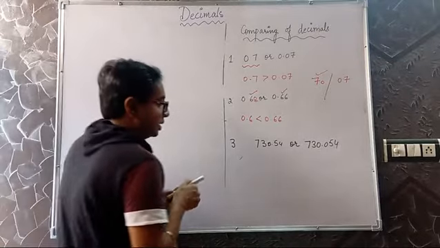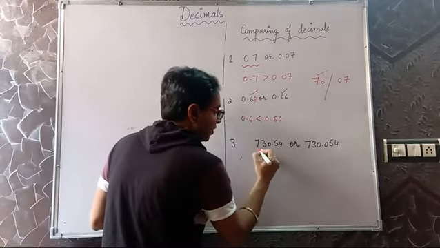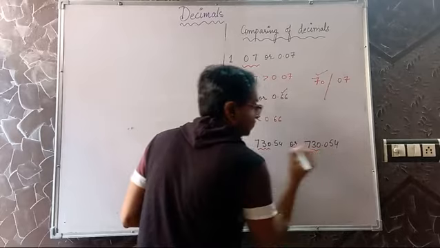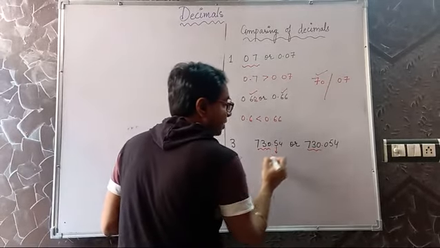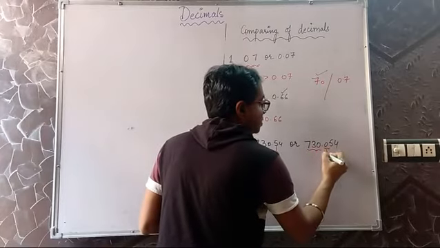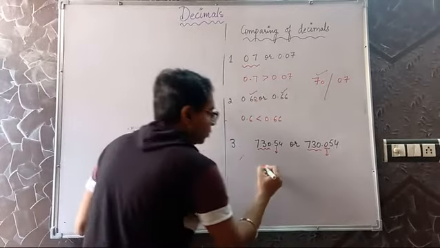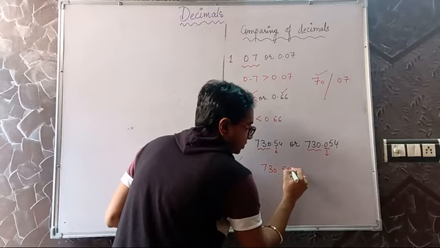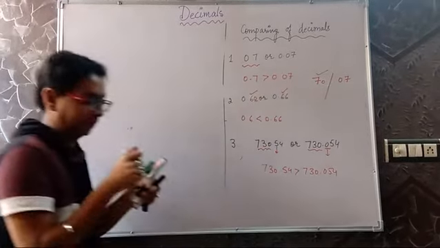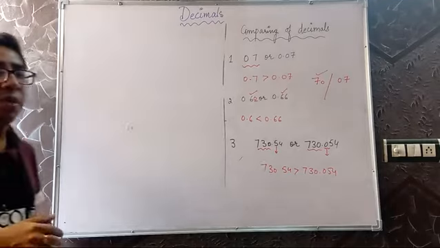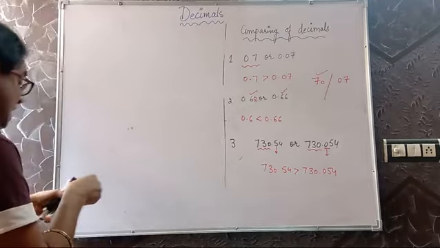Now, to the left of the decimal, both are the same. Not a problem. But after the decimal, here at the 10th place 5 is there. Here at the 10th place 0 is there. Which is bigger? 5 or 0? 5. What is the answer? This is how you will compare. Clear? Easy with the comparing part. Now let's move on to the last topic for the day.